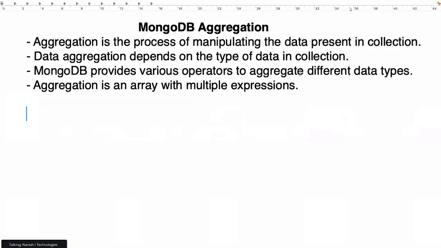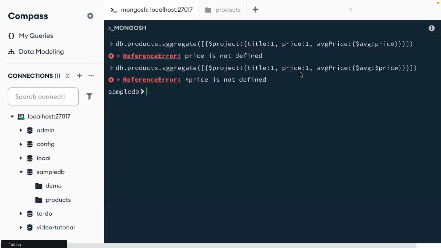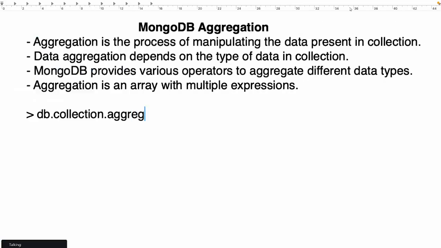So first important point: multiple expressions. How do you define? db.collection.aggregate. Aggregate takes an array. In that we have to put a query, and it needs an option like $project.